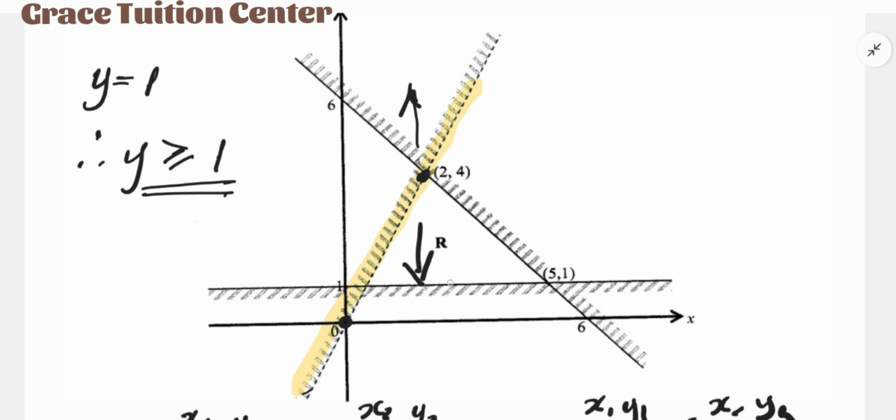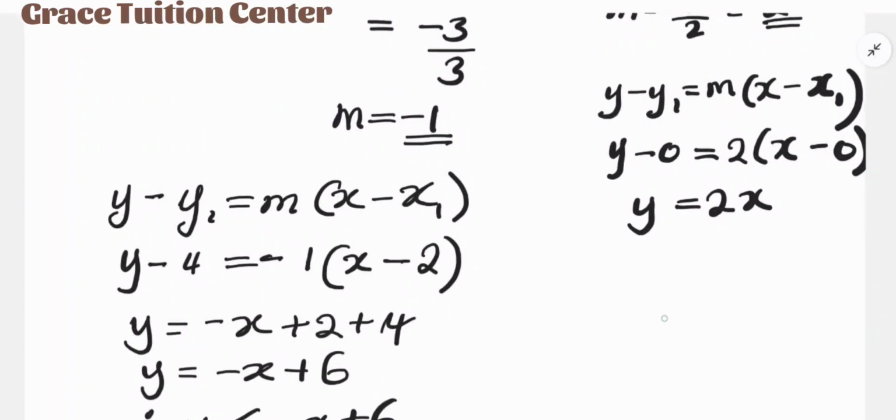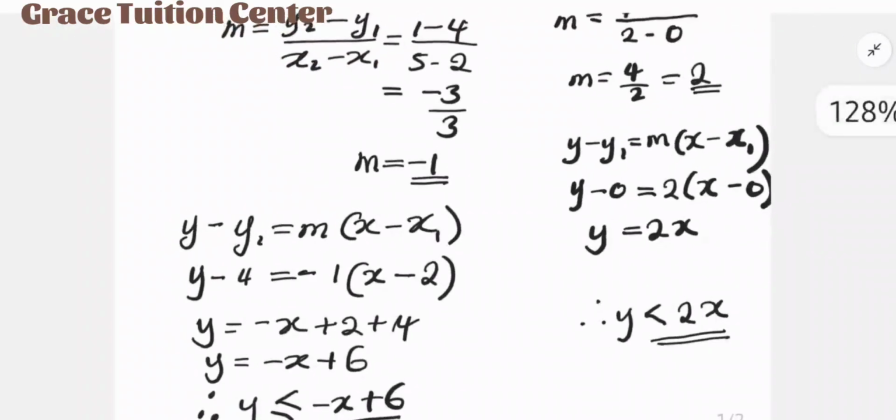So since the region we are looking for, the r, is under the line, then we can go ahead and say, therefore, y is under, which means it's less than 2x. Okay, so that's the inequality that is representing that line there.